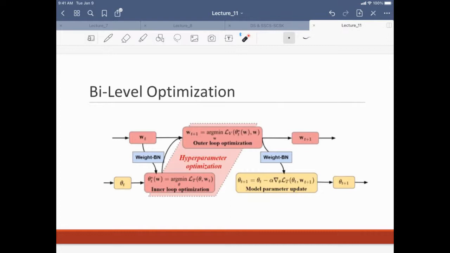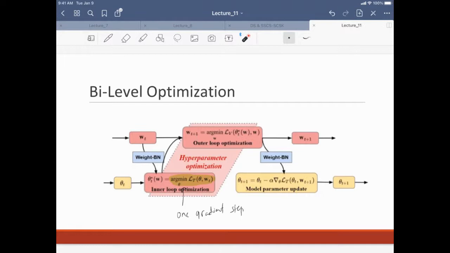Now the way you can solve this, actually ignore a lot of this because I took this from a paper. But the basic idea is that you take one gradient step in the model parameters. So instead of doing the argmin over theta, similar to meta learning, you take one gradient step, which is theta t plus 1 equals theta t minus alpha times the gradient, and then you substitute this theta t in the outer loop.